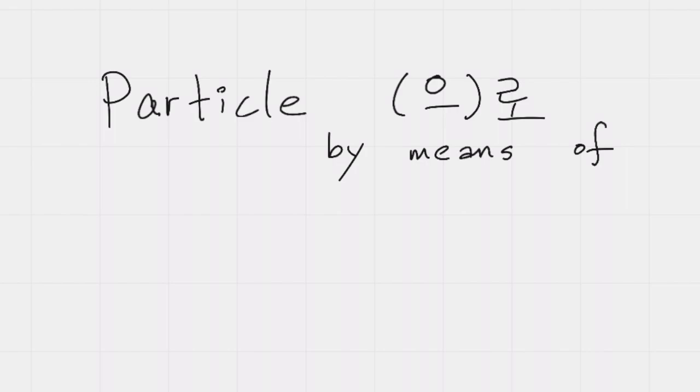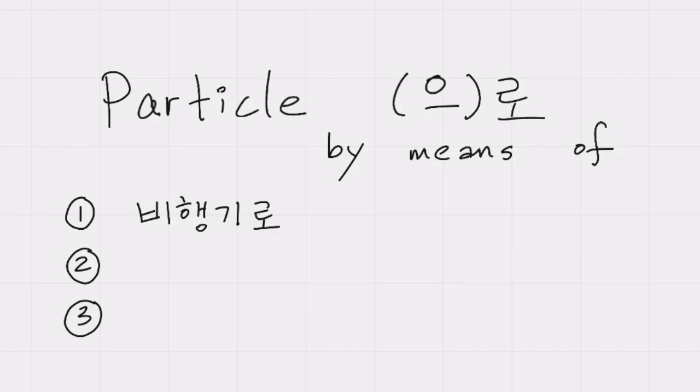Now, there's one thing you must know, how to use 로 versus 으로. So let's say by airplane. Airplane is 비행기. And since 기 ends in a vowel, it's not too hard to guess. It will be 로, right? So 비행기로. So by airplane. Here's what's confusing. By subway.